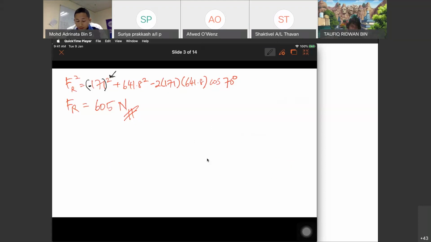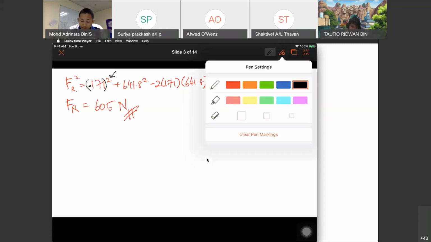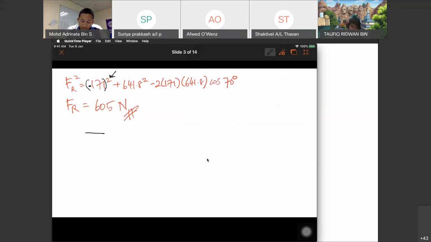Okay, so you can find your 605, but from that one, actually this one, okay, and this is your resultant force. Okay, so this one is 605, 171, 70, and this is 641.8.